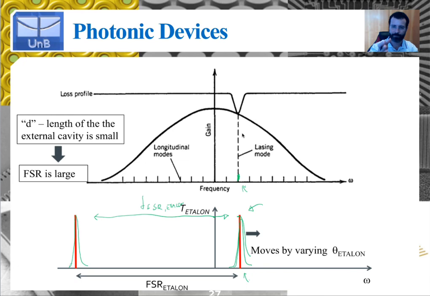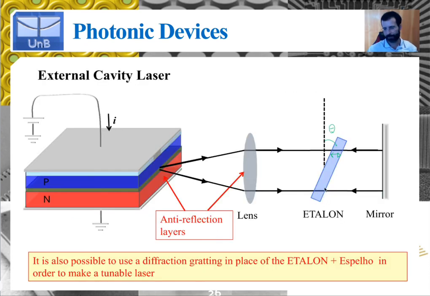This will only happen for one single frequency inside the gain region, and the laser can be made to be single frequency, or single longitudinal mode, in this manner. Okay, so hopefully this makes sense. So we're basically using an external cavity, which is the etalon here, in order to select one particular frequency in such a way that light coming out of the laser is a single frequency.